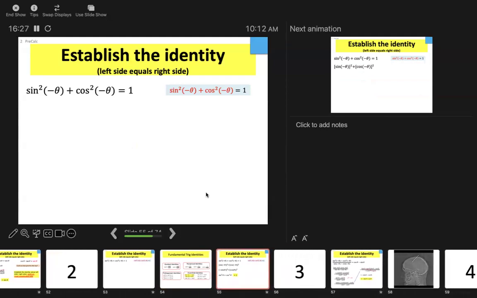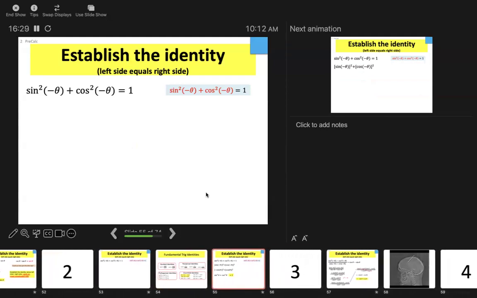Okay, I'm going to tell you a hint right now. If you have an x and you multiply it by an x, what do you get? You get x squared. What if I had an x and I square it? What do you get?